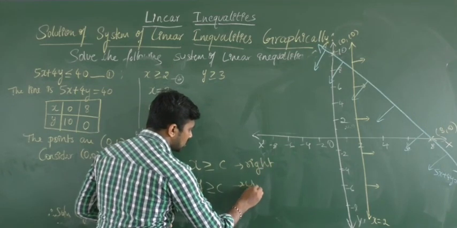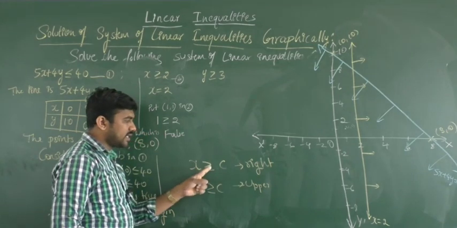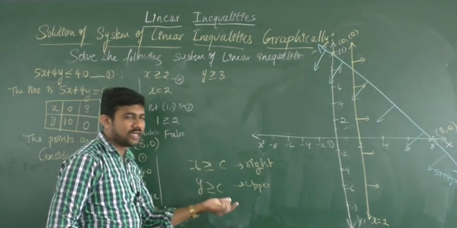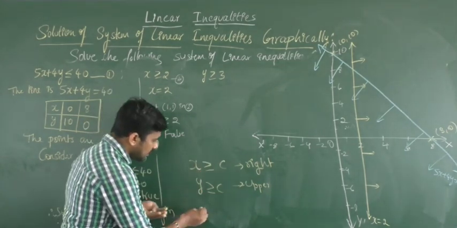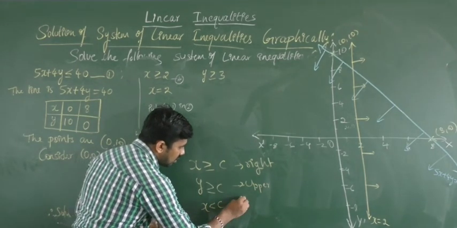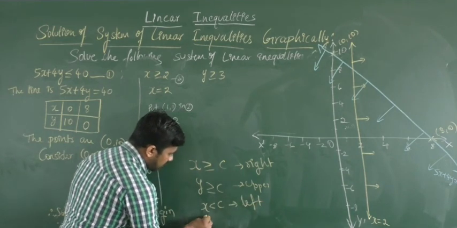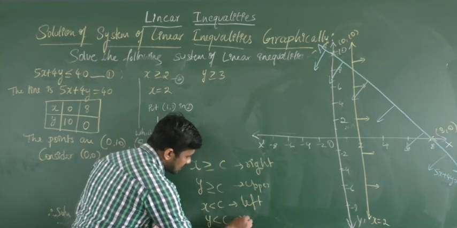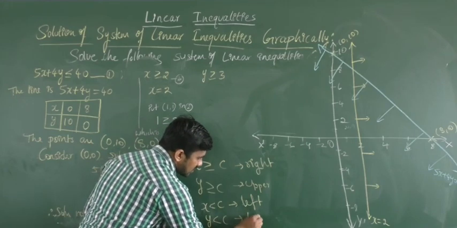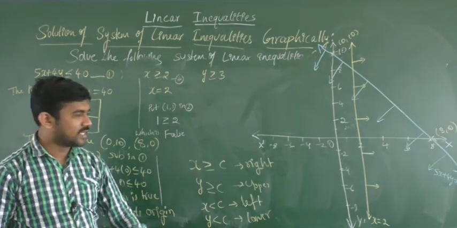In this case the solution region will always be the upper side. x greater than, right side; y greater than, upper side, because it is a horizontal line. If you have x less than some constant value, then the left side is the solution region. If you have y less than c, then the lower side is the solution region always. Okay, like this also you can remember.